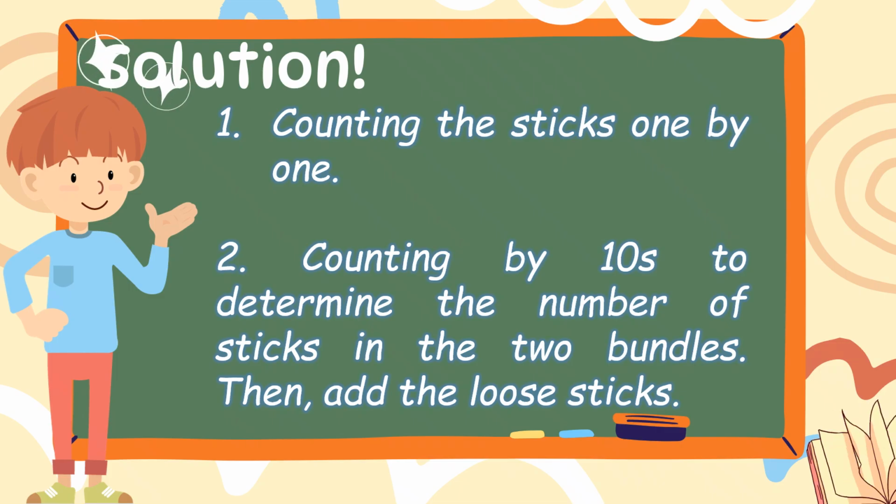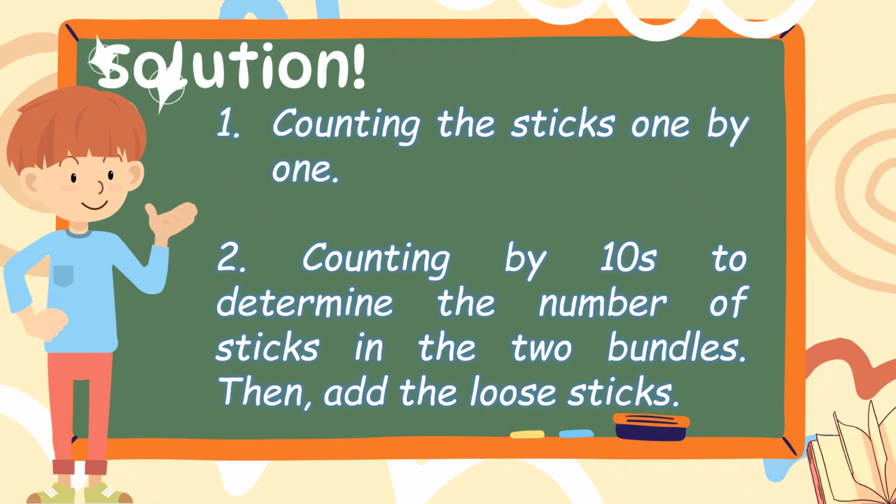You have just to put the big number in your head. Just think of it, and the other sticks which are loose, you're just going to count one by one. But the others which are in groups, you can just count by 10, so that it's going to be a lot easier.